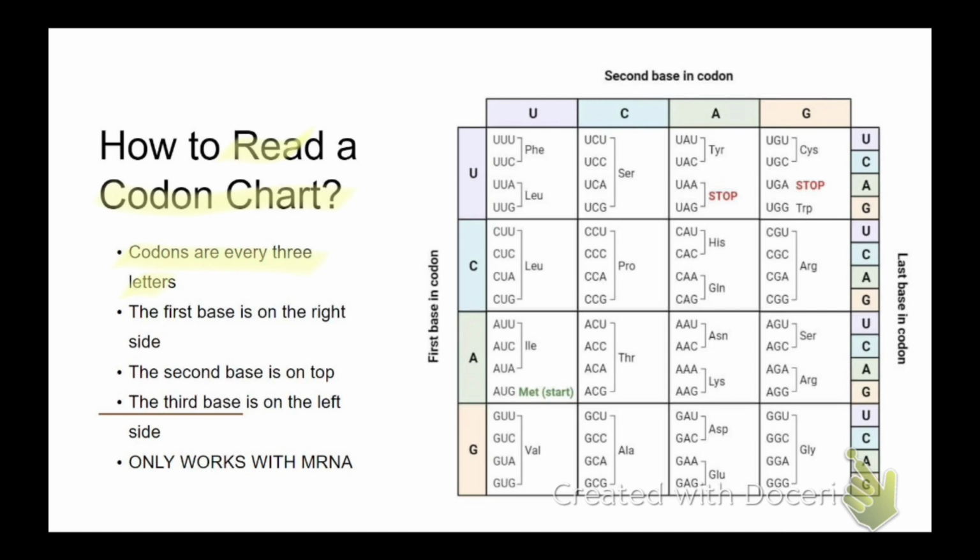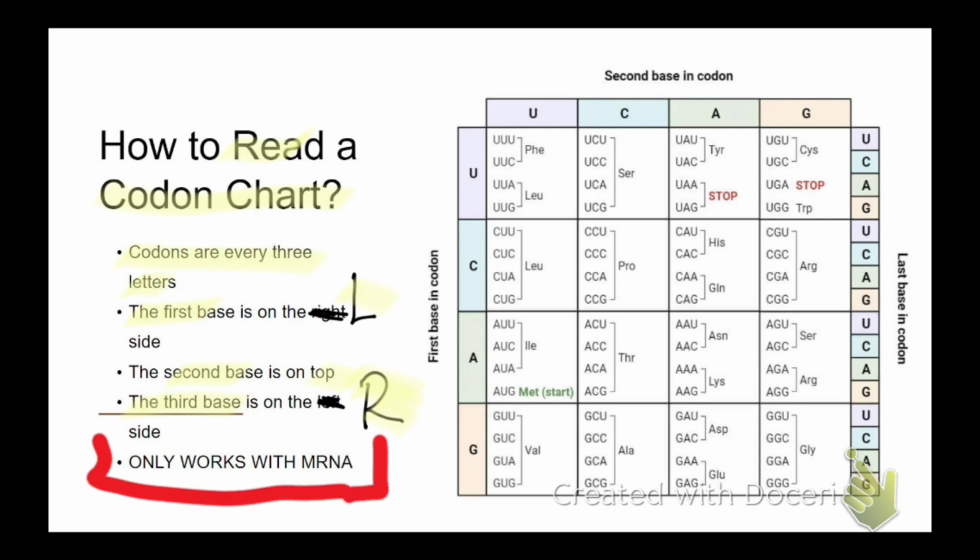On that square codon chart, the first base is on the left, the second base is on top, and the third base is on the right. So first base is left, second base is top, third base is right. I can only translate mRNA into amino acids.